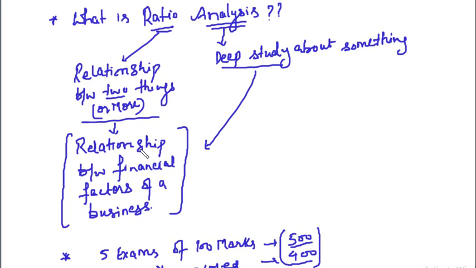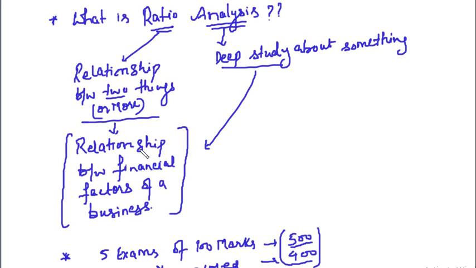Now, when we started accountancy, the first thing that we discussed is we consider the financial factors of the business for accounting, monetary terms. We consider the monetary factors, right? And when we try to build the relationship between those monetary factors of the business and try to study those relationships and try to find out something out of it, we call it as ratio analysis.